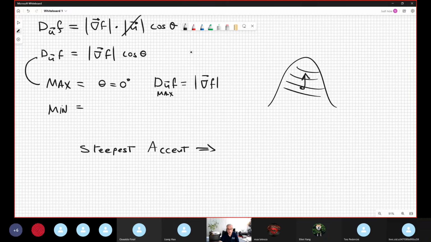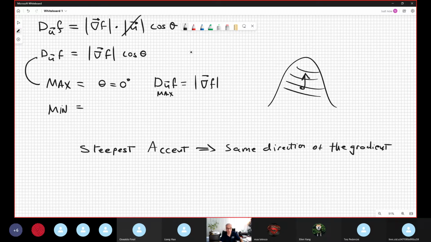Well, the direction is the same direction of the gradient. But the gradient is a vector, and the vector indicates in what direction you are moving, following the command, the order of the gradient. Moving in this direction, professor. Okay, no problem. I obey. Then you are ascending faster, right?